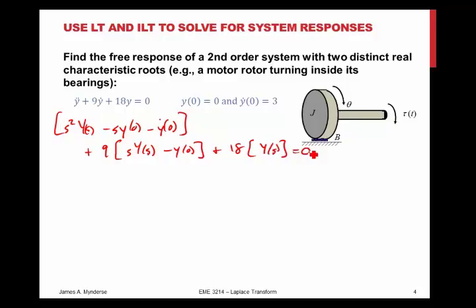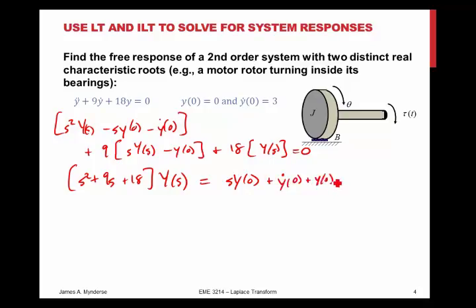So let's pull out all the y of s portion there. So that's going to be s squared plus 9s plus 18. And you'll notice that that exactly matches the coefficients of the ODE, which is no surprise. And on the right-hand side, we'll get the initial condition term. So we're going to get an s y of 0 plus y dot of 0 plus 9 y of 0.